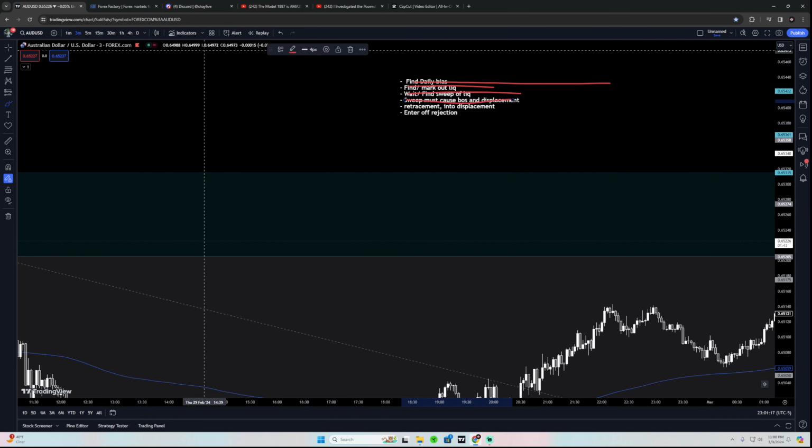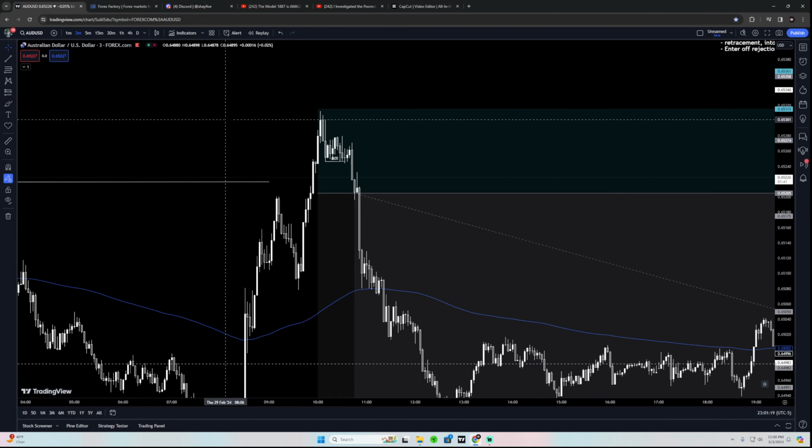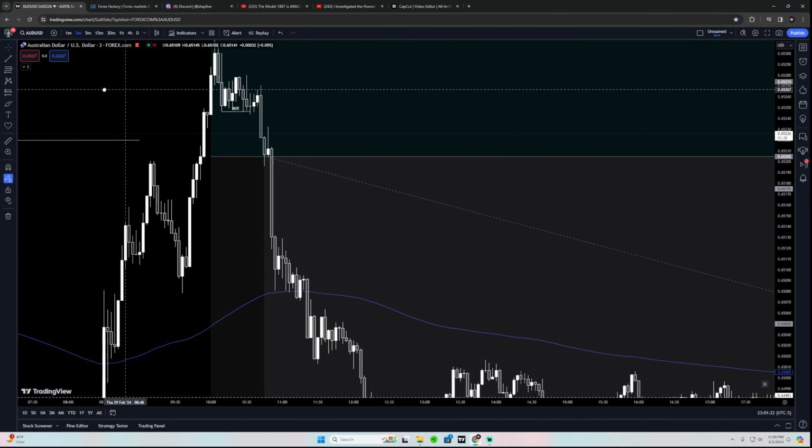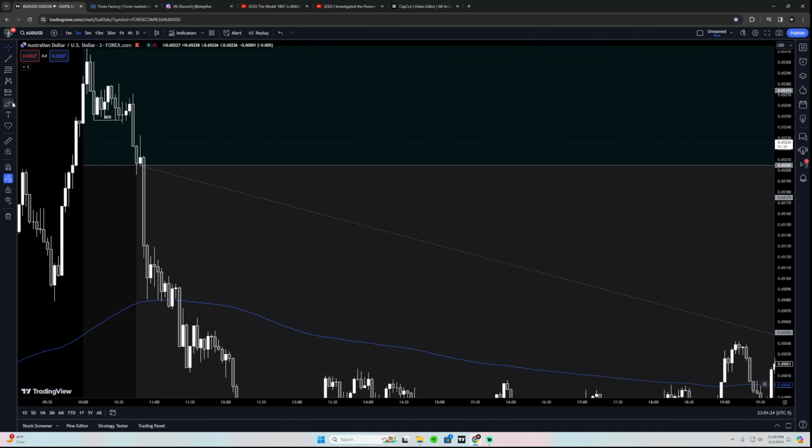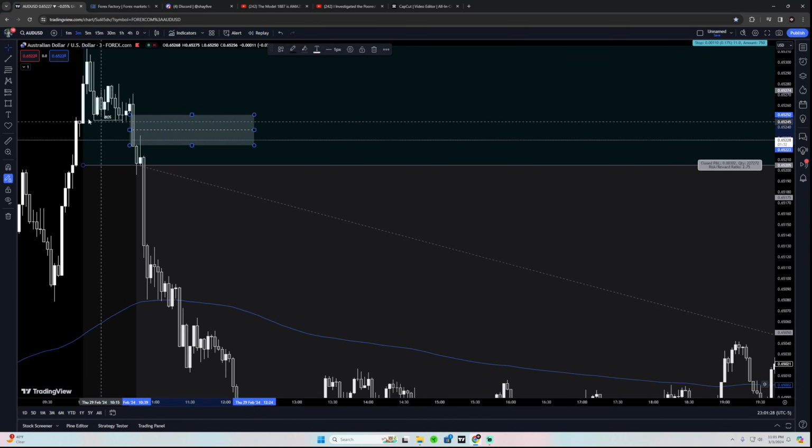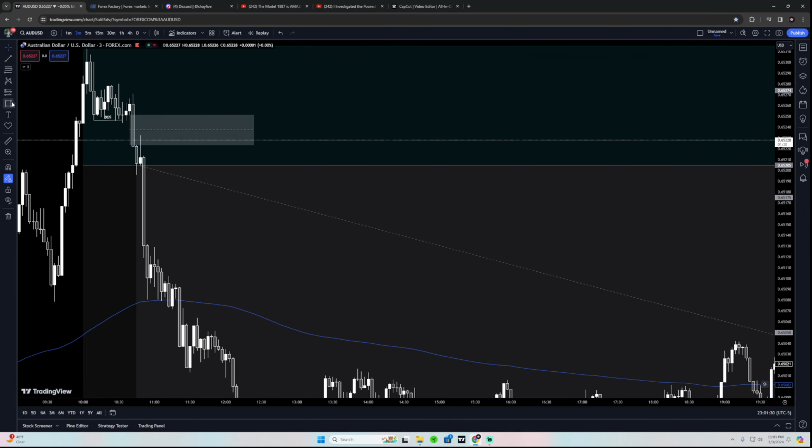Now, retracement into the displacement. So we see displacement right here. We see a retracement into the displacement. This should be so easy. Really, this should be light work right now. Retracement into displacement.